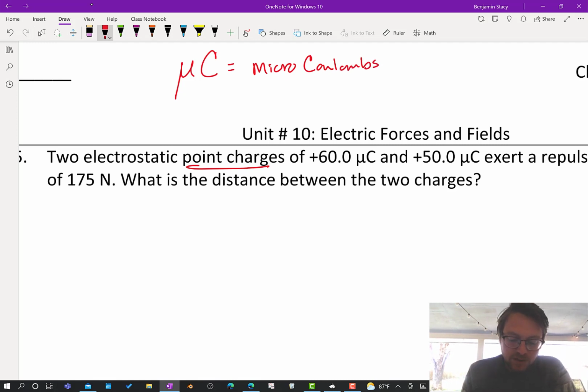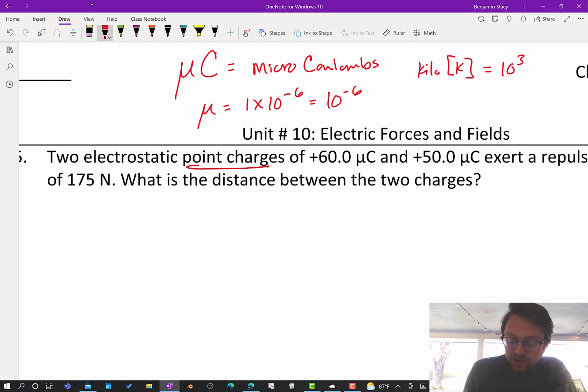And micro means 1 times 10 to the minus 6, or just 10 to the minus 6. Just like kilo, right, K in front of kilometer means 10 to the 3. So I say 1 kilometer is 1 meter times 10 to the 3, or 1,000 meters, equals 1 kilometer.